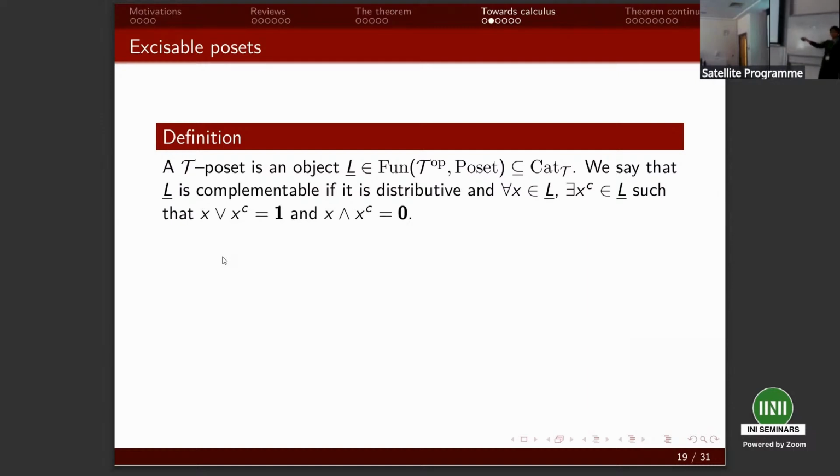So you can find another object which co-products to the final object and products to the initial object. In ordinary cube land, I hope it's not so surprising, because if you view it like subsets of a finite set, you can just take a subset, take its complement, that's its complement.